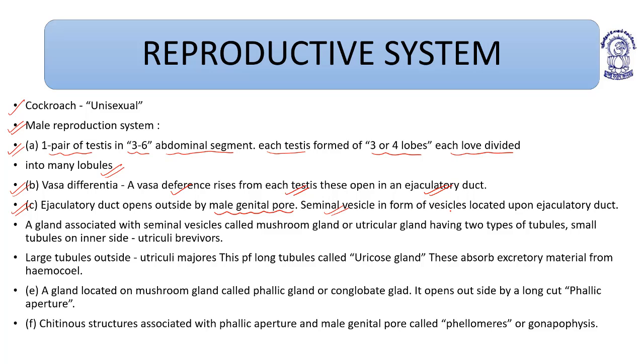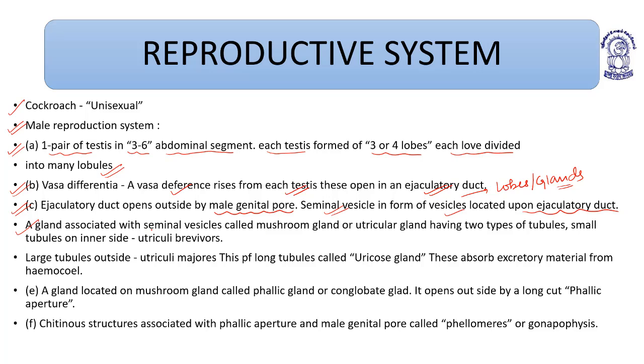Seminal vesicle, in the form of vesicles, meaning lobes or glands, is located upon the ejaculatory duct.